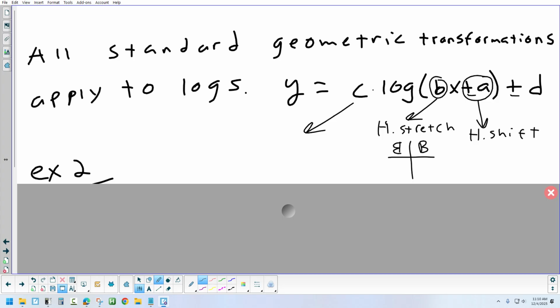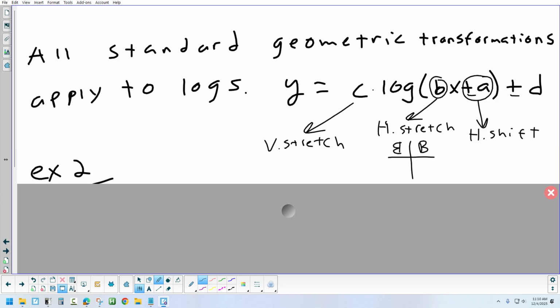All right, let's do C. Now we're on the outside of the argument, and we are multiplying. What does multiplying on the outside do? Vertical stretch. That's your vertical stretch, and there's nothing backwards. If C is 5, it's a vertical stretch by 5.